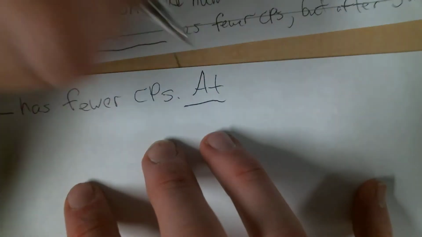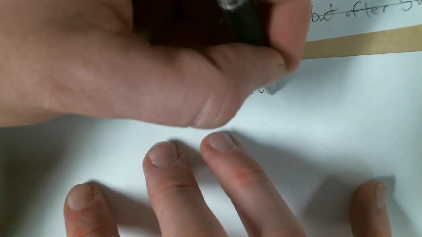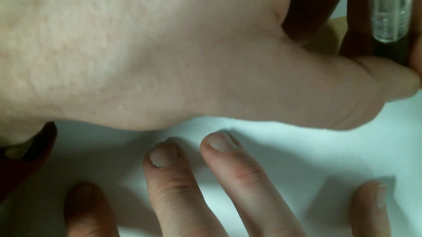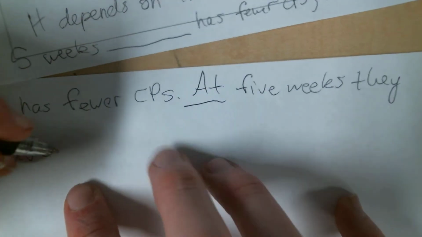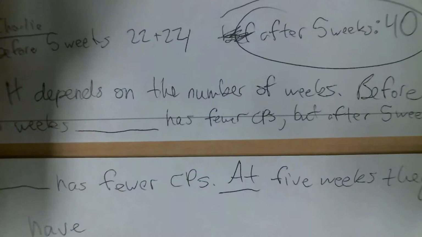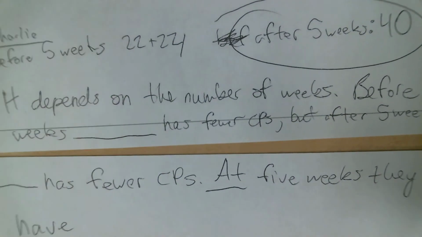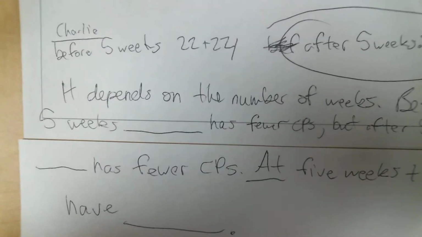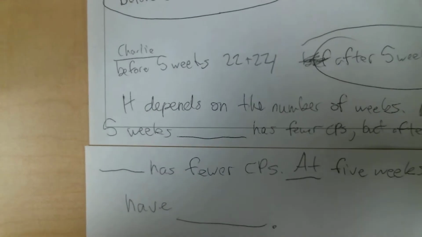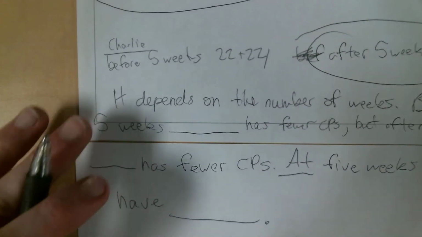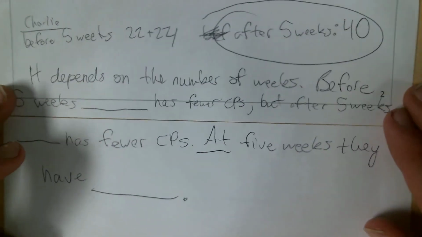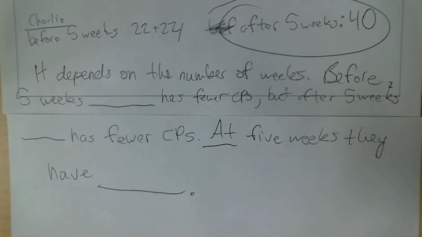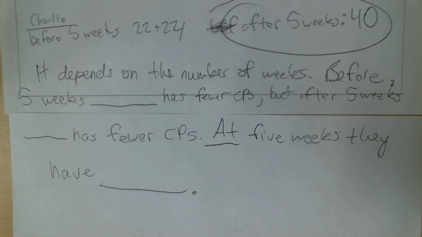So when it is 5 weeks, at 5 weeks, they have blank. So let's think about this for a second. So when you're asked, who would you rather be in this situation? See if you can kind of use my example to help you write your own response. Who would you rather be? Would you rather be Hank or would you rather be Charlie? So pause, try to fill this in, and see what you think.